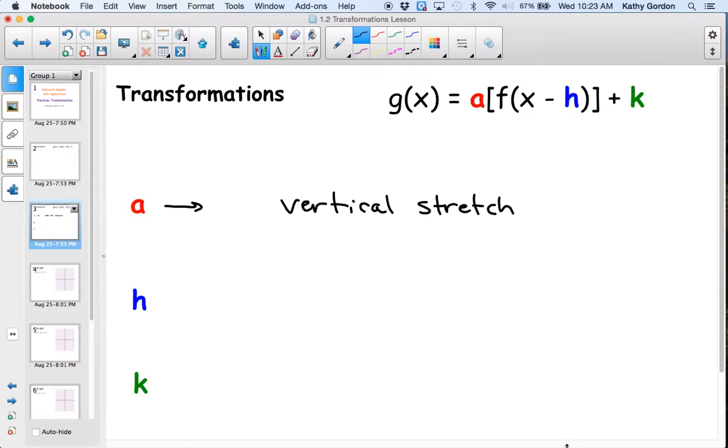The other word actually kind of depends on the book you use. Some books use shrink, and some books use compress. I don't care which one you use as long as you use it correctly. I tend to go with shrink just because that's what I was taught, that you have stretch and shrink.